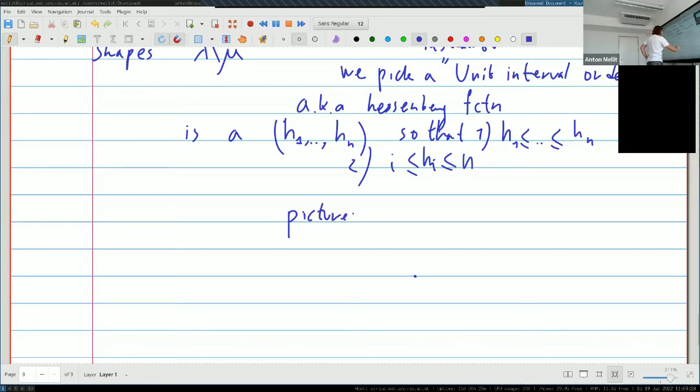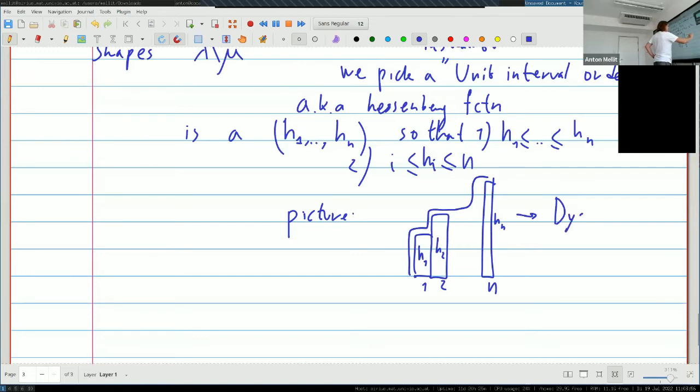You draw the columns 1, 2 up to n, and you draw bars of size h1, h2, and so on up to hn. Then you trace the boundary of this, and you get a Dyck path. So there is a bijection between Hessenberg functions and Dyck paths.